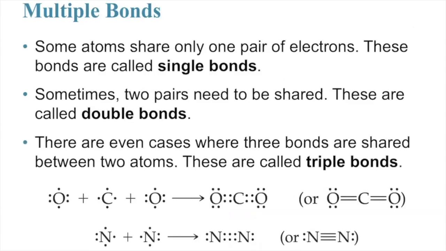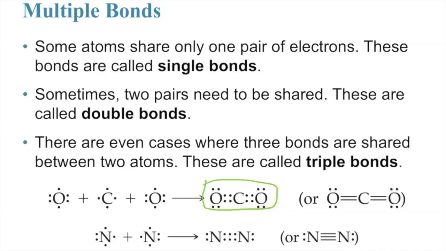Okay, so here we see that we have 3 atoms: oxygen, carbon, and oxygen. Now, when we add them together, we have this compound. If you want to know which one goes in the center, the least electronegative will go in the center.